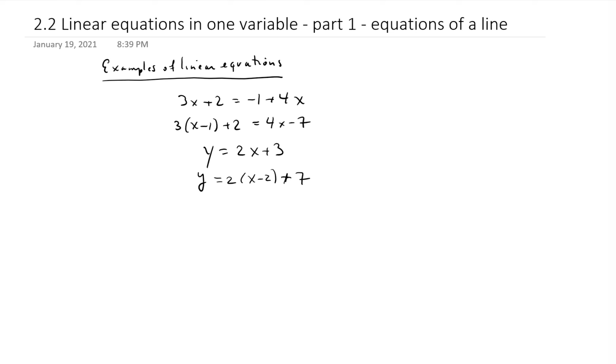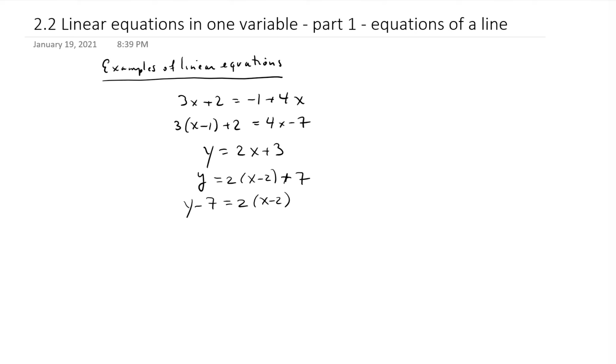The last two are actually two popular ways of writing the equation of a line, so we're going to review those. Sometimes another popular way, which is equivalent to the one just above, is just having the y minus a constant on the left hand side.